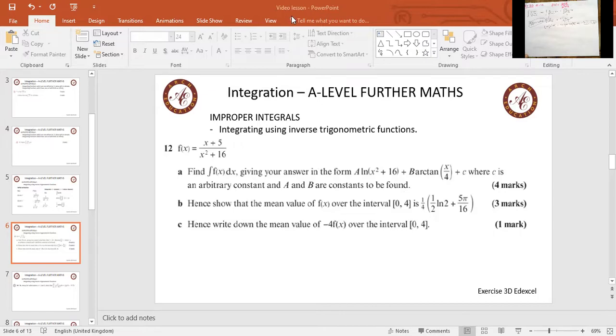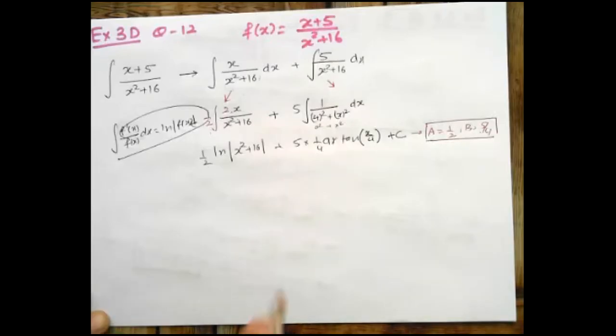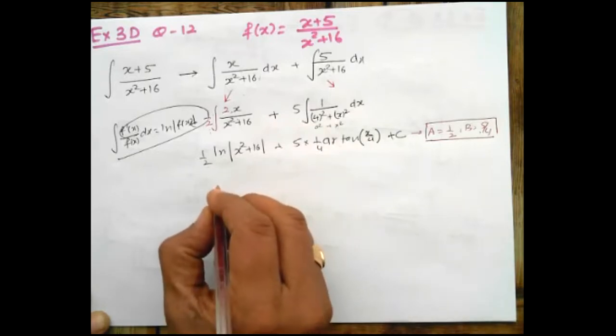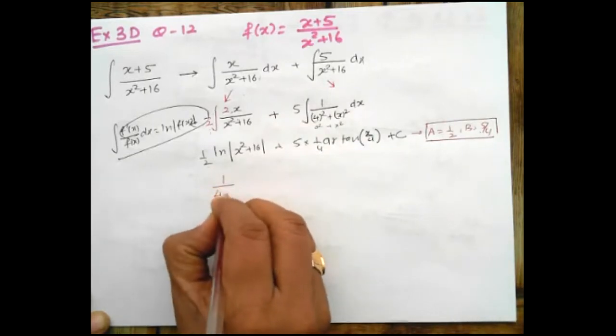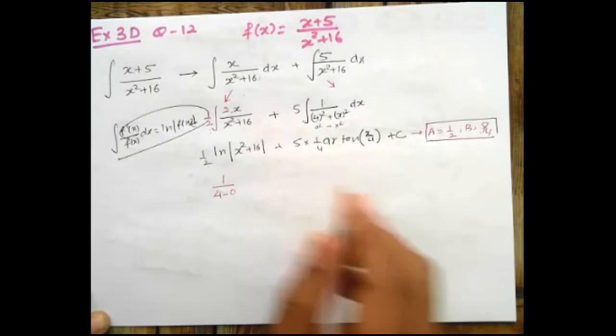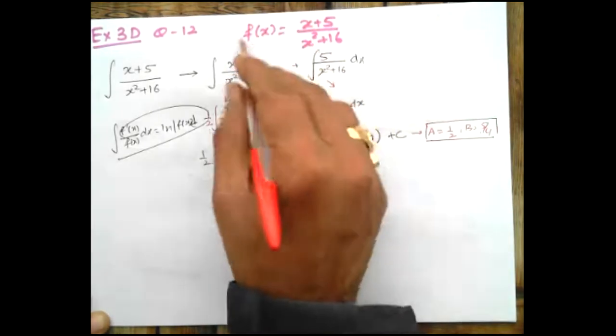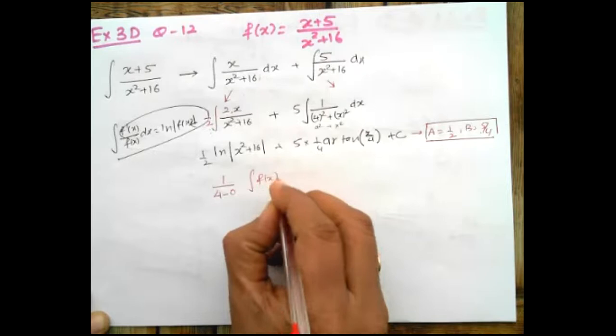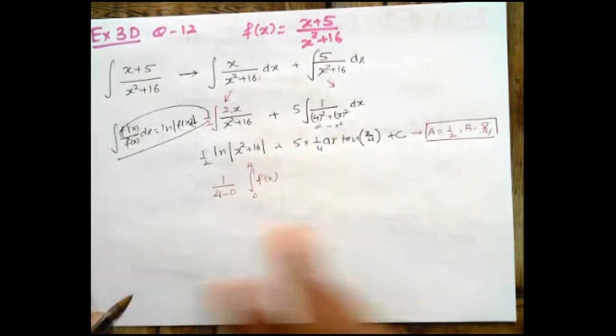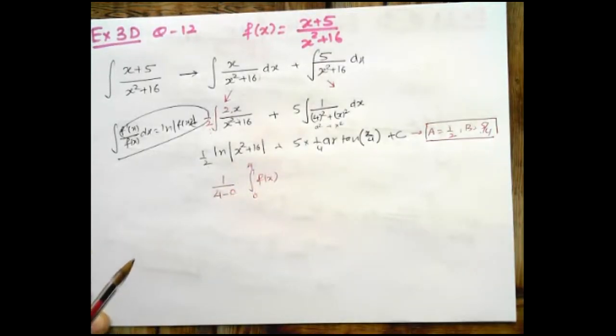So we're going to work out the mean value between 0 and 4. That should be 1 over 4 take away 0, times the integral of that function f(x) between 0 and 4. Let's put the values 0 and 4 into the answer which we got in part A.